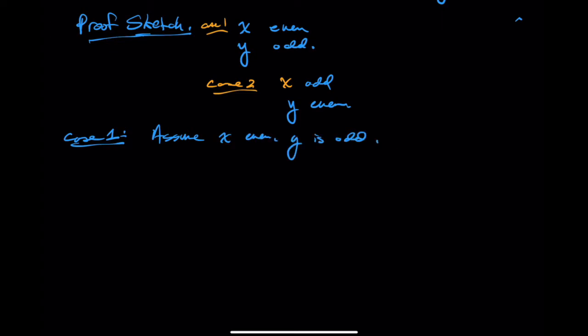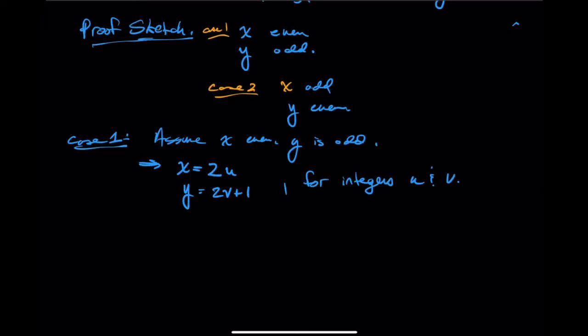And that means that x can be written as 2 times u, and y can be written as 2 times v plus 1 for integers u and v.